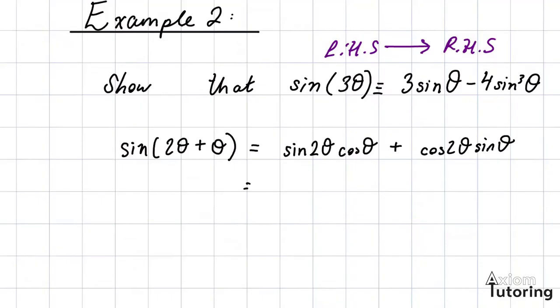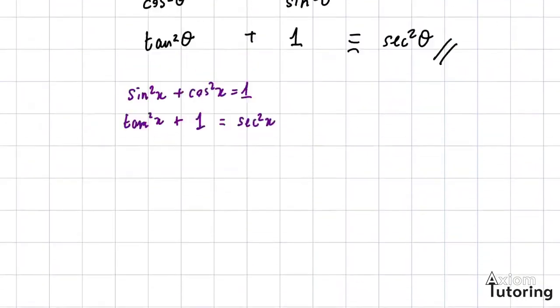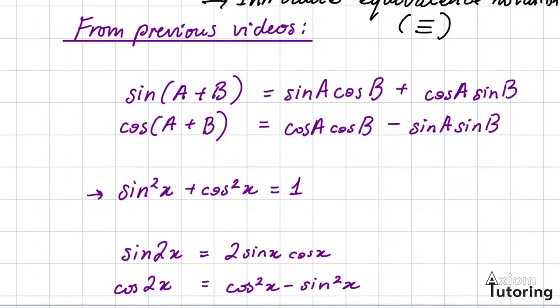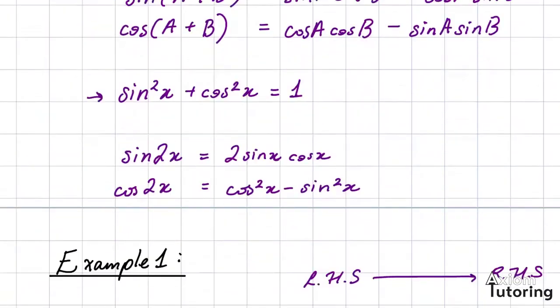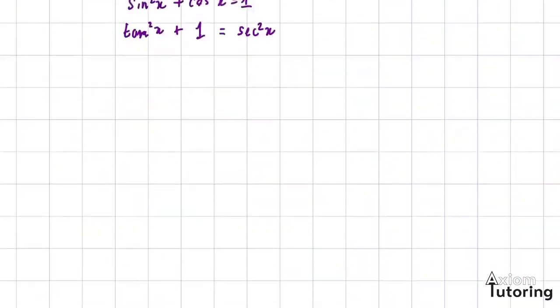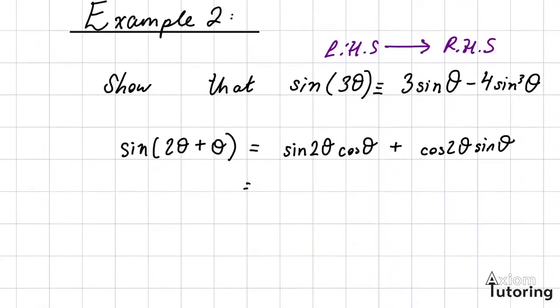So we can rewrite that again, and we can have a look up here to see which ones we might want to use. So sine of 2x is just 2 sine x cos x. Cos of 2x has a few forms. So let's look at which one would be most appropriate to use here.